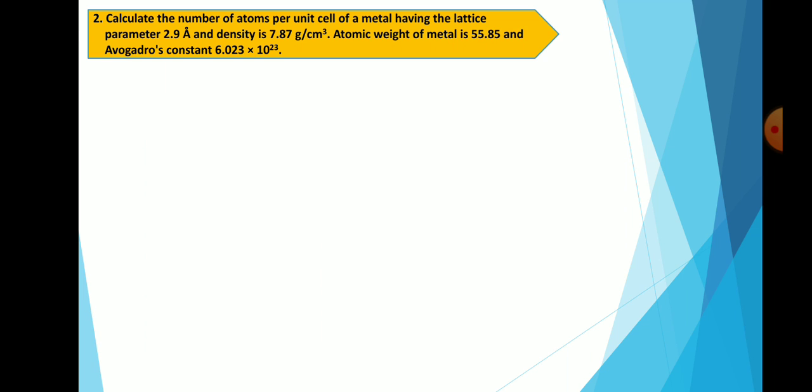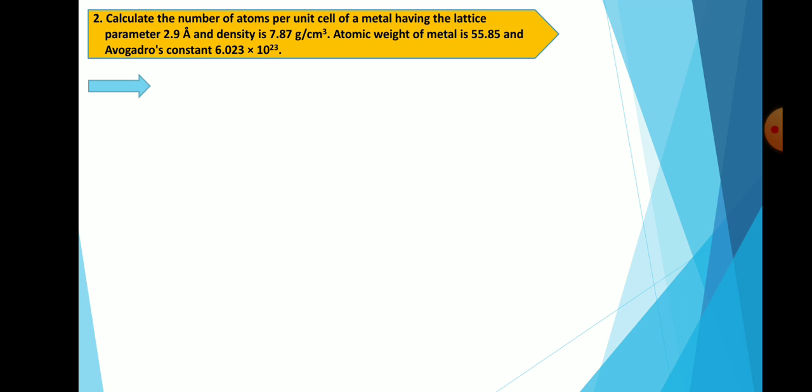Calculate the number of atoms per unit cell of a metal having the lattice parameter 2.9 angstrom unit and density 7.87 gram per cm cube. Atomic weight of the metal is 55.85 and Avogadro's constant is 6.023 into 10 to the power 23.